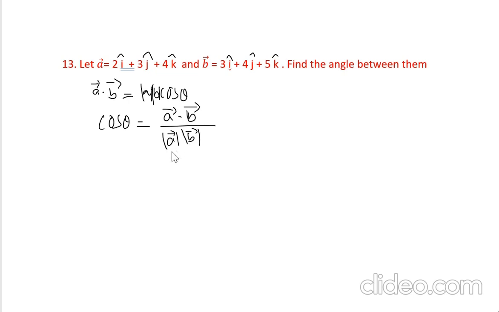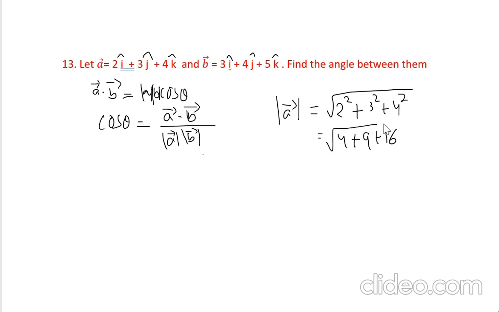So first we have to find the magnitude of the A vector. For that we write the x component 2 squared, plus the y component 3 squared, plus the z component 4 squared, all under the root. Overall it is 4 plus 9 plus 16, which is 29, root 29.